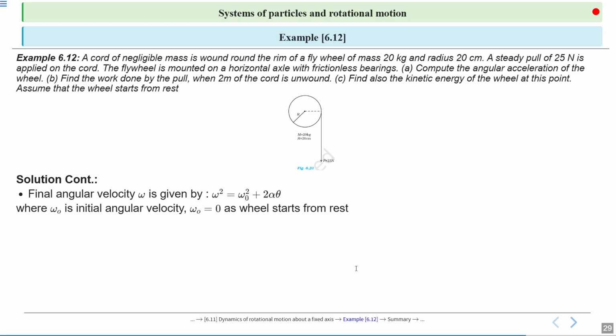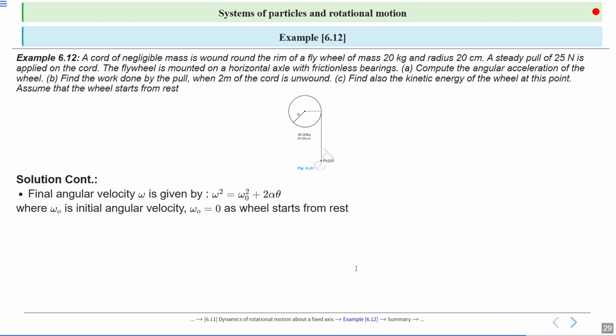To find the final angular velocity omega, we will calculate using the equation omega square is equal to omega naught square plus 2 alpha theta. We are already familiar with this formula. In linear motion, v square is equal to u square plus 2as.